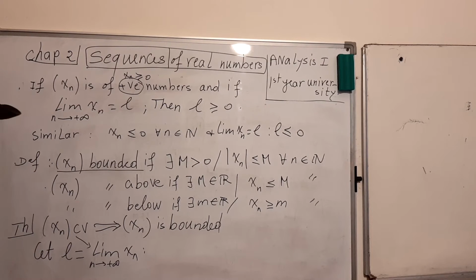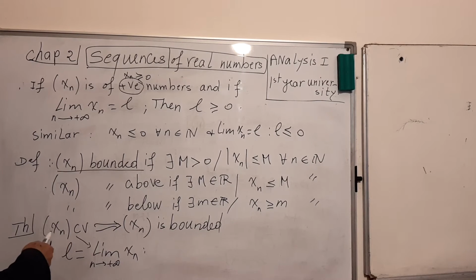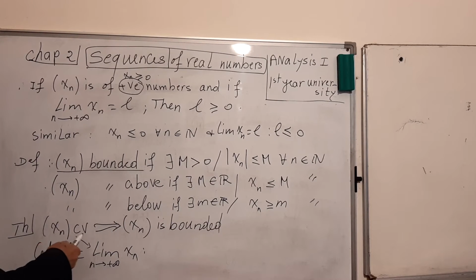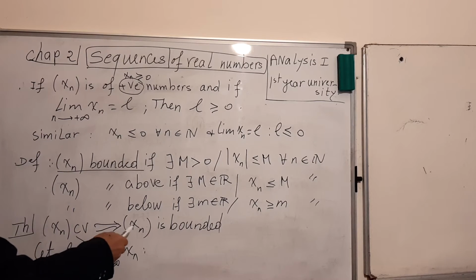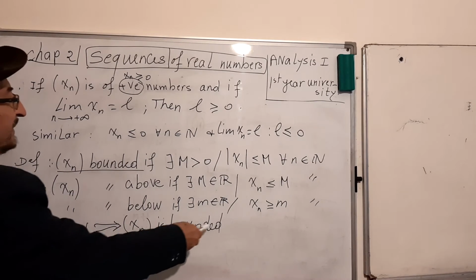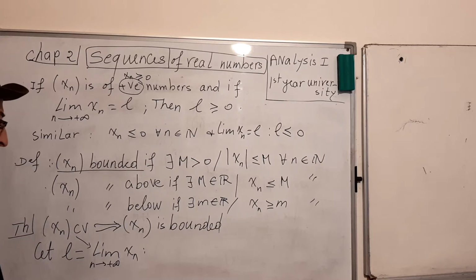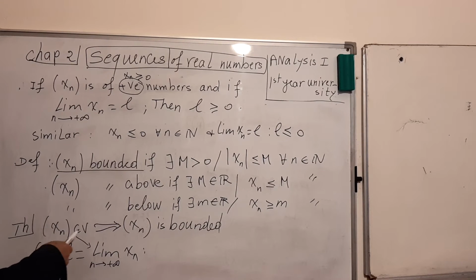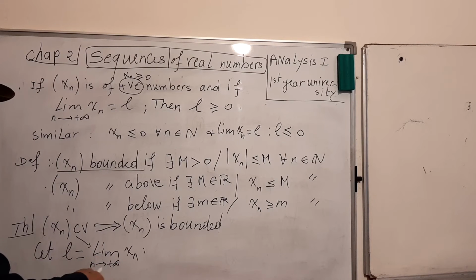Now we have the theorem: if the sequence xn converges, then the sequence xn is bounded. In fact, xn converges, let L equal the limit of xn as n tends to plus infinity.